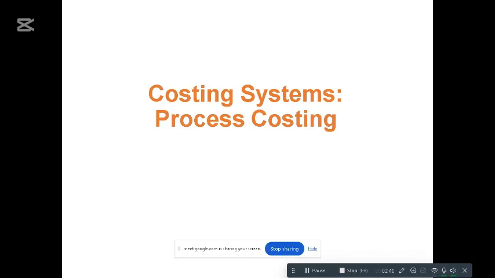So, in the last class, we slightly discussed that there are two types of costing systems, cost accumulation techniques we call them. One is process costing, the other one is job order costing.